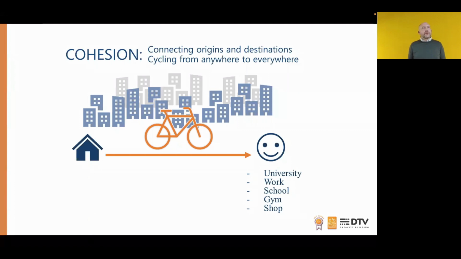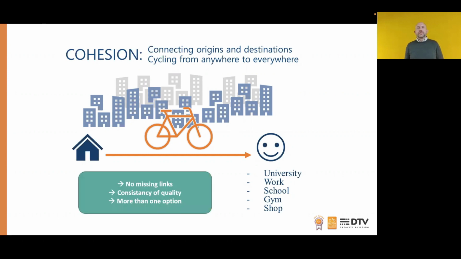From home to university, to work, to school, to the gym, to our shop. And by thinking of cycling networks, not just routes, but really a cohesive network, we are able to do this. And step by step, fill these blanks or fill up these missing links.